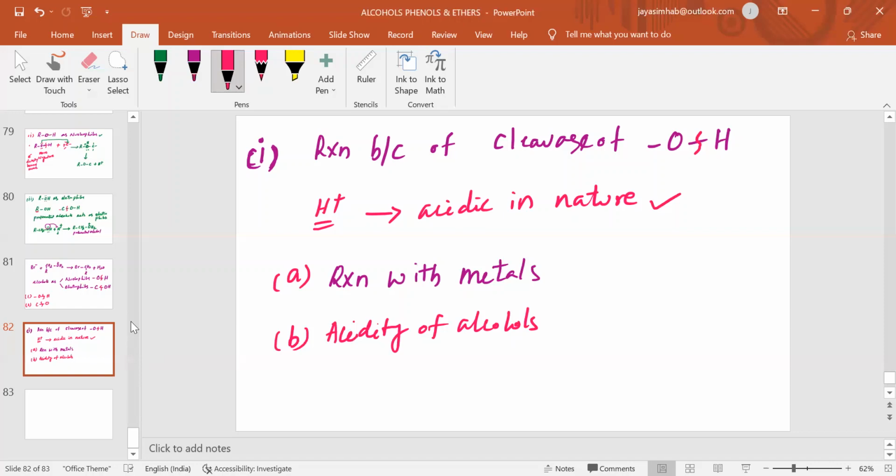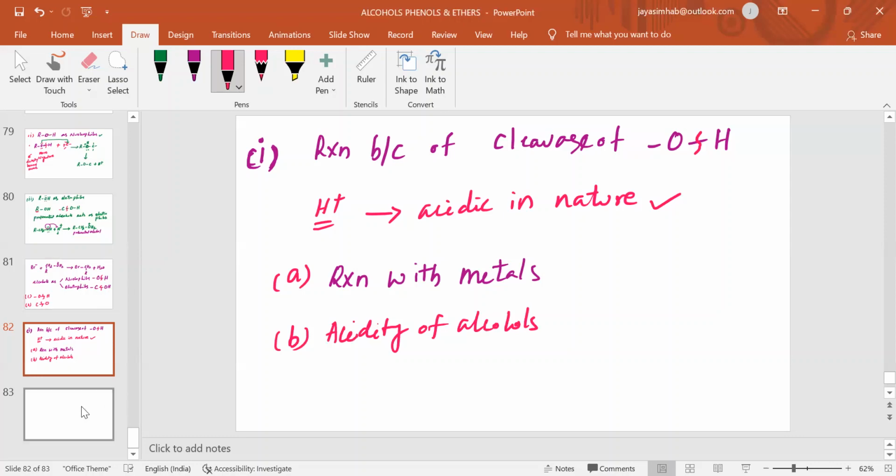So acidity of alcohols and phenols, both will show these reactions. Reaction with metals will be shown by phenols also. Acidity is also shown by phenol because they also have an OH bond, right? Cleavage of O and H will generate H plus, and that indicates it.